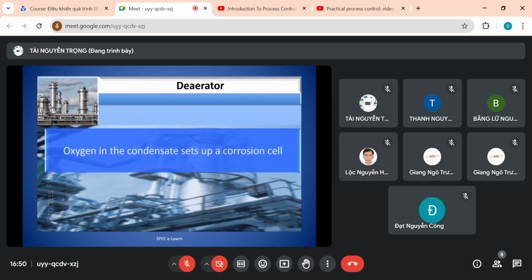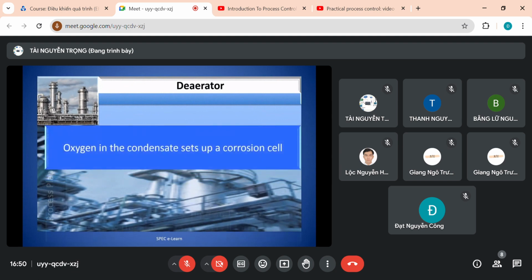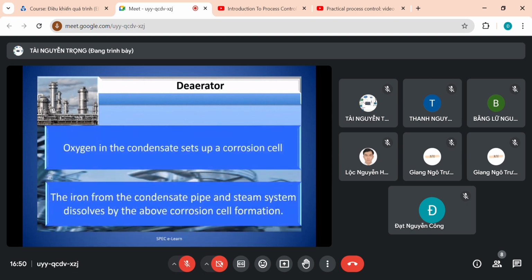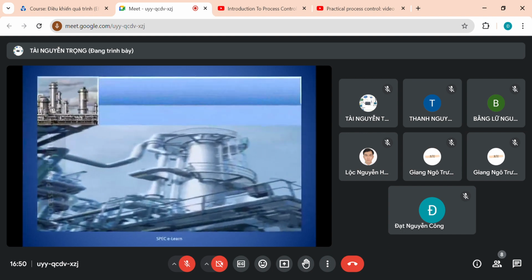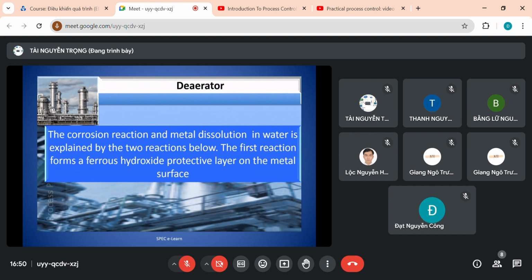Oxygen in the condensate sets up a corrosion cell. The iron from the condensate pipe and steam system dissolves by the above corrosion cell formation. The corrosion reaction and material dissolution in water is explained by the two reactions below.